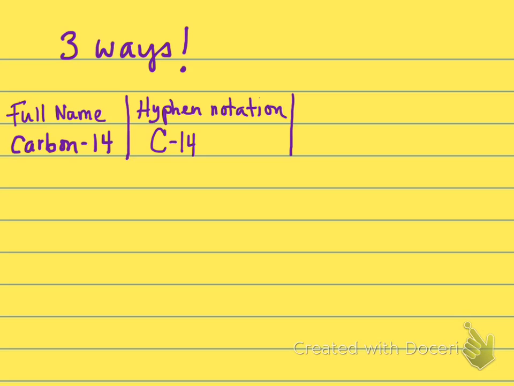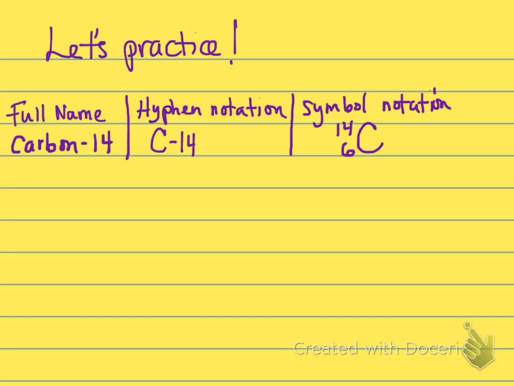And the last notation that's sometimes used is what's called symbol notation, where we write the atomic symbol and we write the mass of the isotope in the upper left-hand corner, and we write the atomic number in the lower left-hand corner. This one isn't as common because if we know it's carbon, we know it has 6 protons. This one again is called symbol notation.